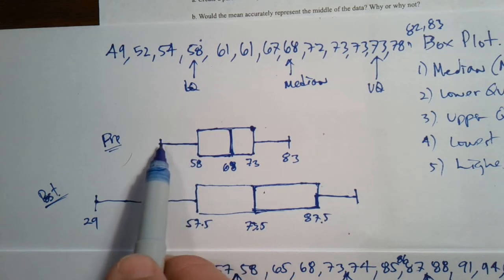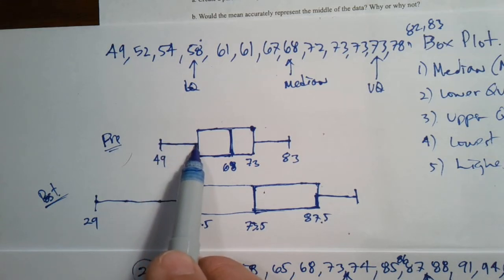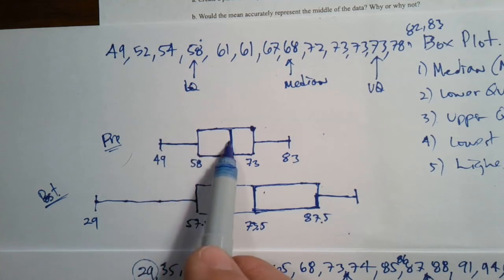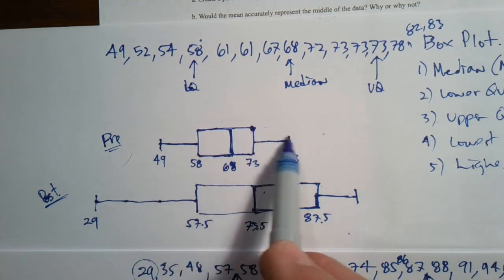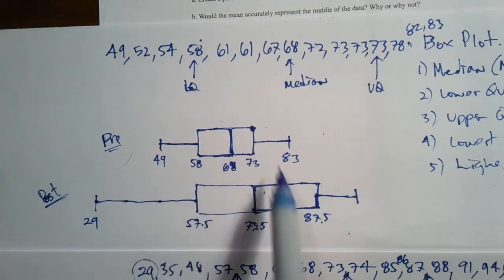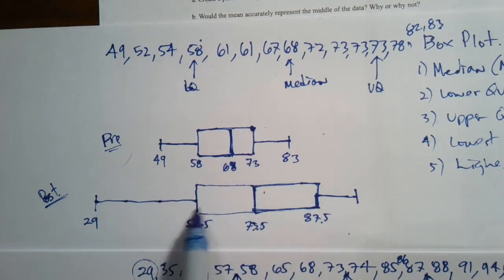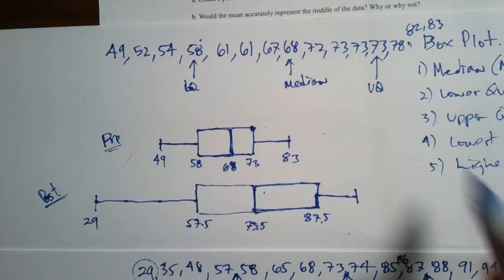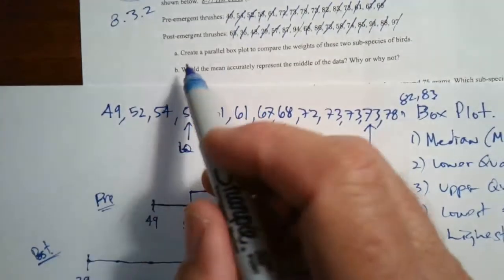Remember with the box plot, it's quartiles, right? So this is a fourth of the data, 1/4 of the data, 1/4 of the data, 1/4 of the data. So you look at it as half your data lives in this box. So I've got half my data here, but it's a really spread out situation. So, all right, so there's my parallel box plots. So part A, we did that.